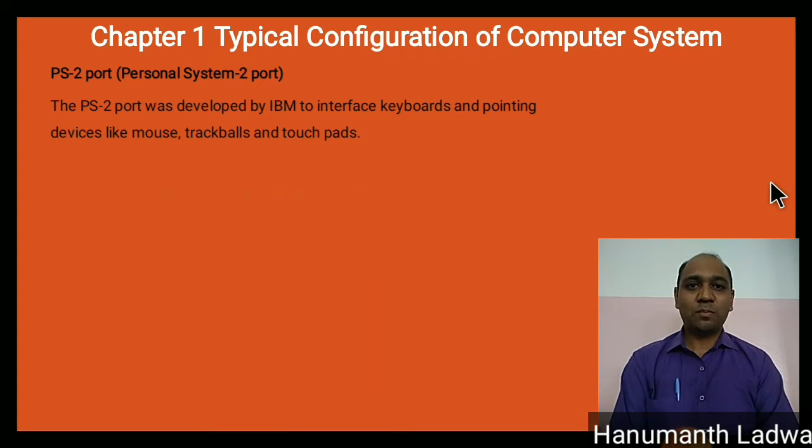Let us move on to PS2 port, that is Personal System 2 port, which is normally used to connect keyboard as well as the mouse. The PS2 port was developed by IBM to interface keyboards and pointing devices like mouse, trackball and touchpads. So all these are input devices.